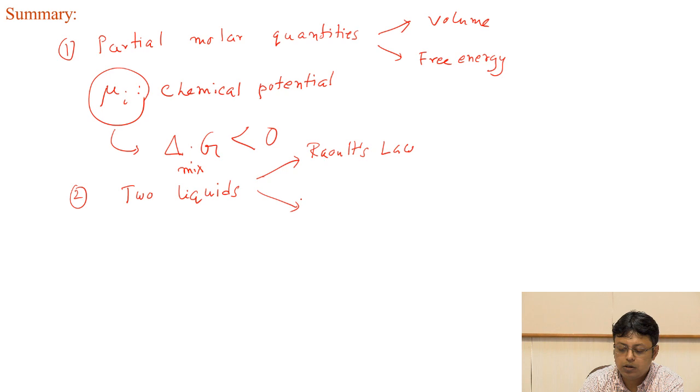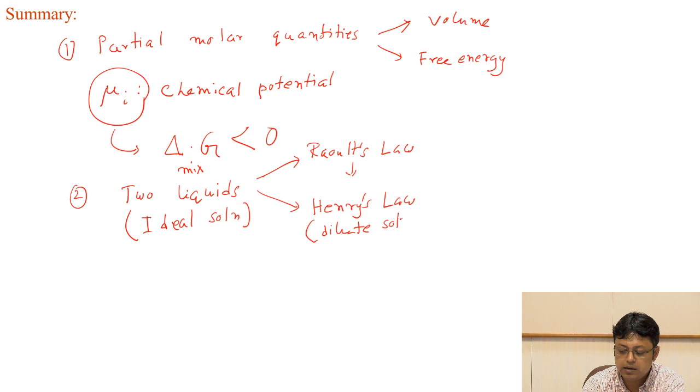And the solutions which behave according to Raoult's law or Henry's law are called ideal solutions. Raoult's law does not apply for the dilute condition, dilute with respect to a particular component, and that component doesn't obey Raoult's law, and for that there is Henry's law, which is for the dilute case.